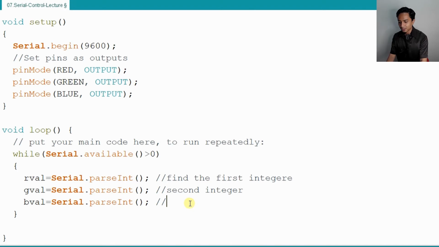Meaning that if you give inputs that are not integers, if you give characters, A for example, or comma or space or semicolon, that is not an integer, and therefore it will skip until it finds another integer, and then another integer, until the end, until you click enter. This means that you need to separate these three integers by using any other characters. It's okay, because it will skip that character, and that character will differentiate between integers.